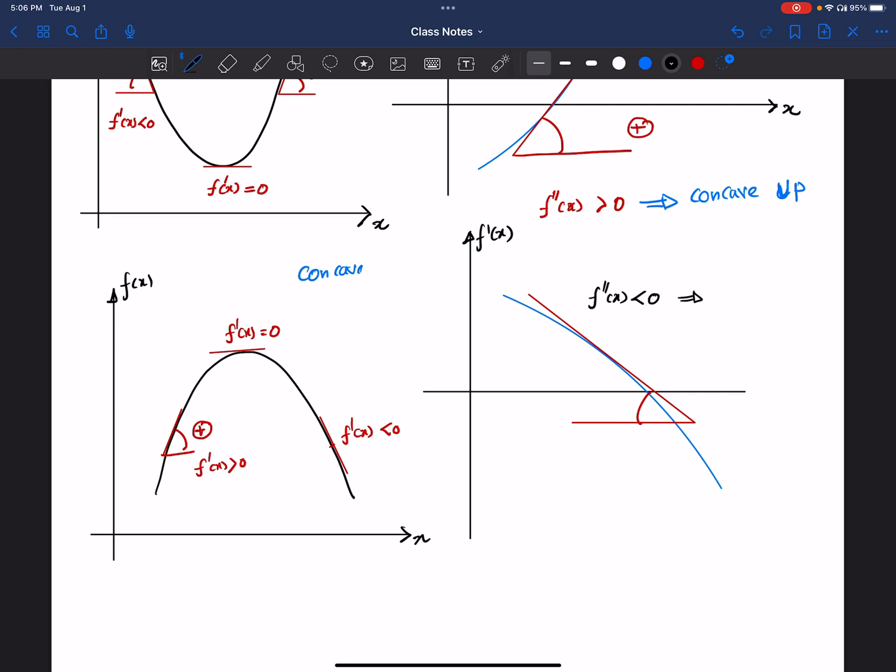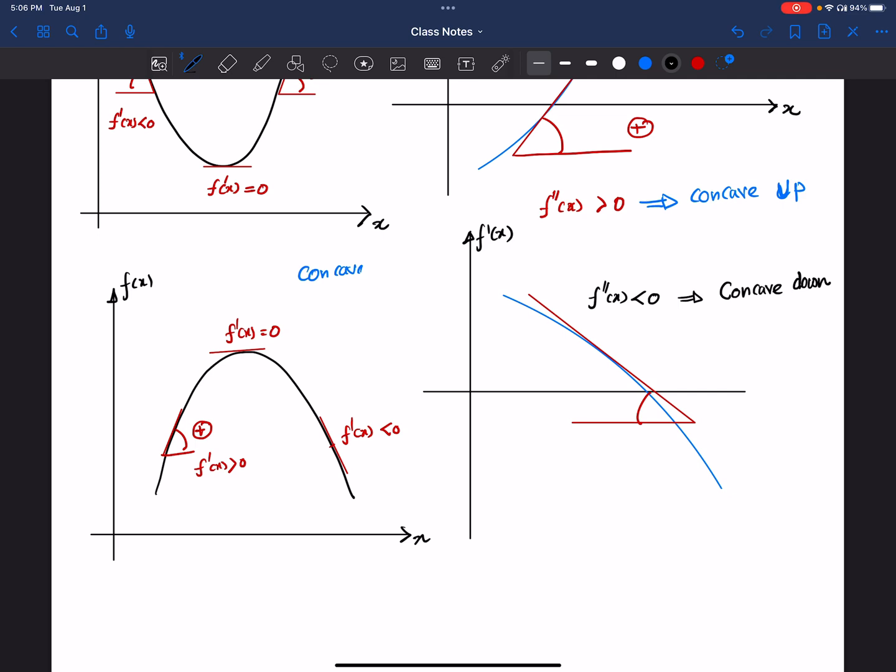That means for functions that are concaving down, you will see a negative f double prime of x.